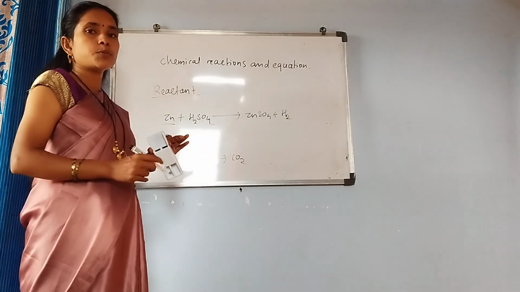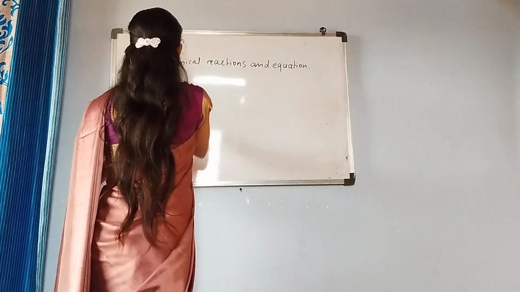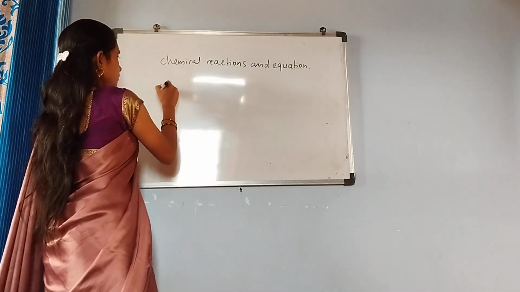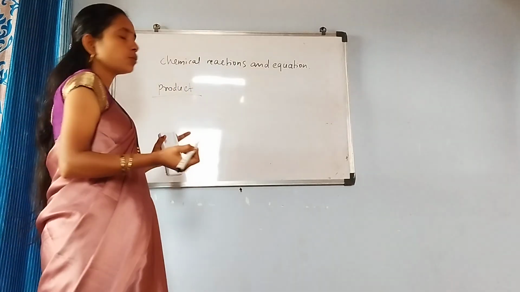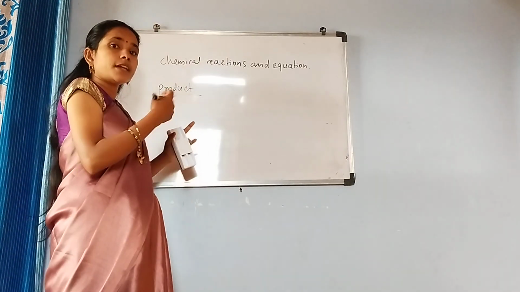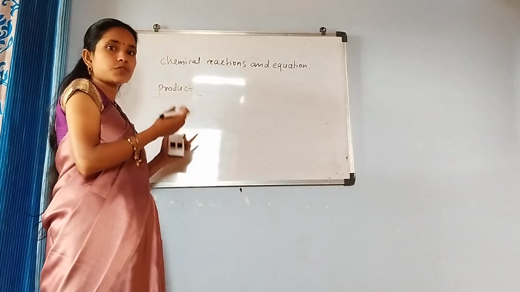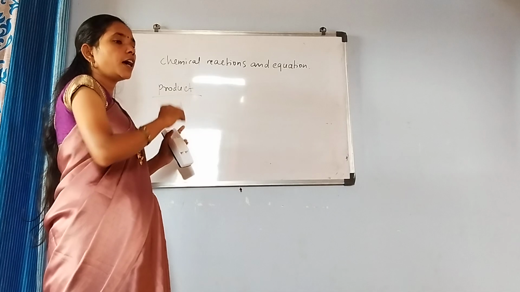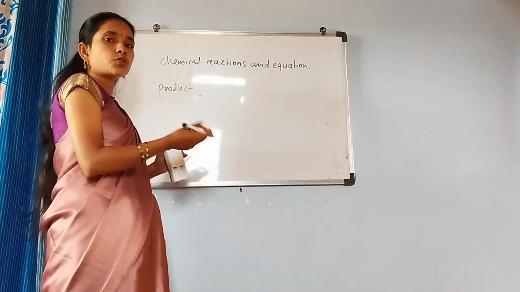Next we'll discuss the products. Same example we can take here also. The substance which is formed, that substance we call a product. The substances involved in the reaction, we already discussed, are reactants, and by reacting these substances they form a new substance, that is called a product.